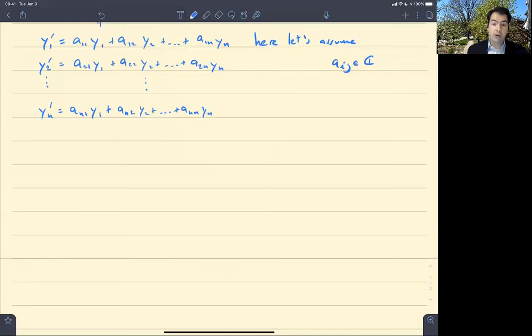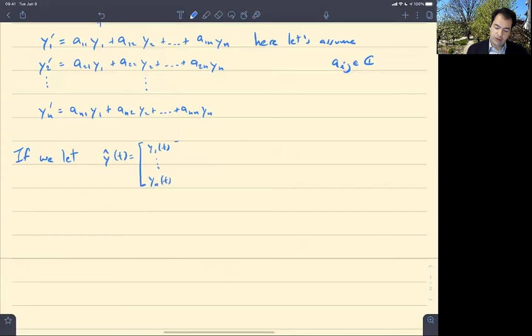So since we have a whole semester of linear algebra under our belt, we should write this in terms of matrices and vectors. So let's say that we set y hat of t to be the function with coordinates y1 of t to yn of t.